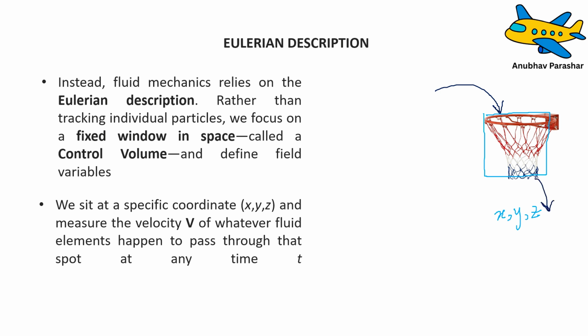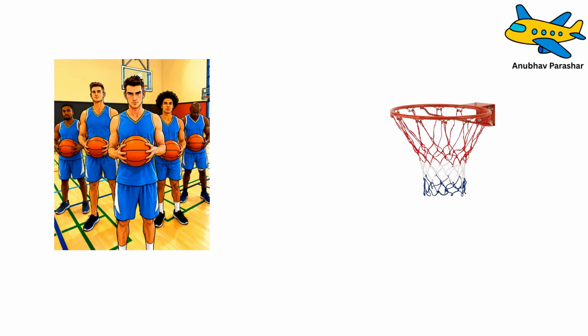This analysis makes fluid mechanics very easy. So we specify the coordinates X, Y, Z, and then try to figure out the properties of everything that is coming into the control volume, like the velocity, pressure, temperature, whatever it is. And this kind of description is known as the Eulerian description, where we have a fixed window in space called the control volume.